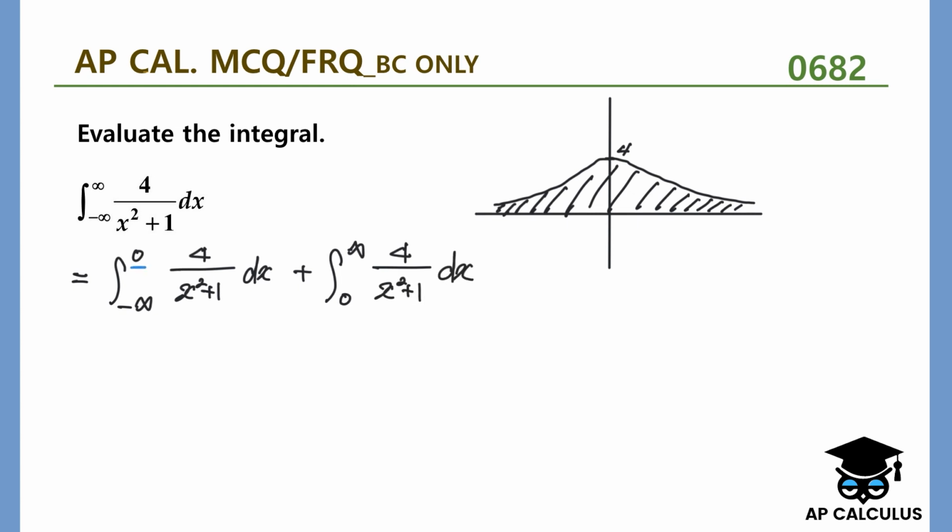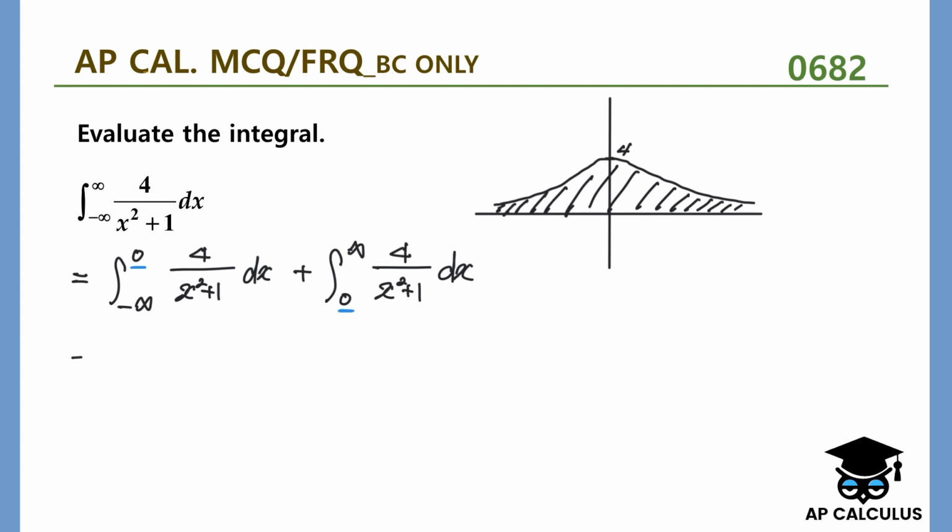This upper limit and lower limit doesn't have to be 0. It doesn't matter if you use any real number other than 0. However, it is recommended to use numbers that are easy to calculate. Okay? Now let's solve these improper integrals.